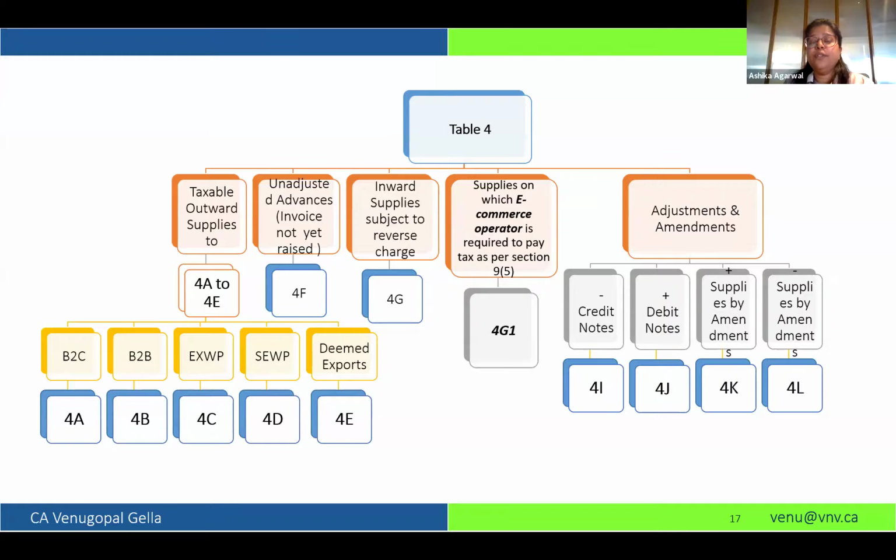So anything which you have reported in table 3.1D, where we disclose our RCM liability, the same data you have to report in table 4G. Now there is one more table, 4G1, supply on which e-commerce is required to pay tax. This 4G1 is applicable to the e-commerce operator. So where the e-commerce operator is paying tax, they need to disclose it in this.